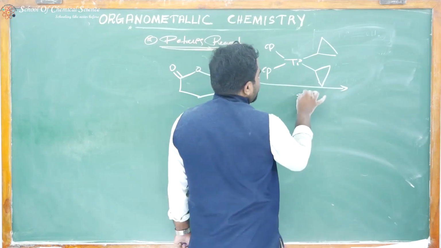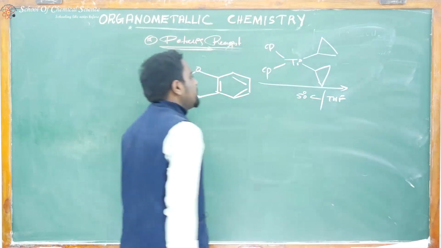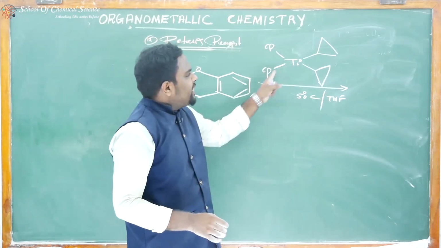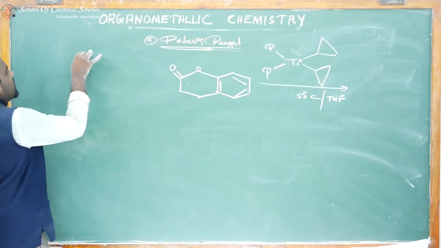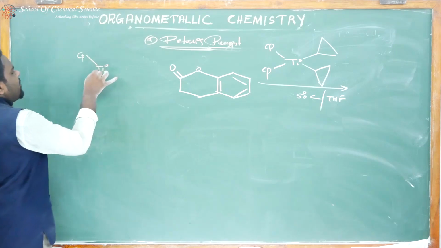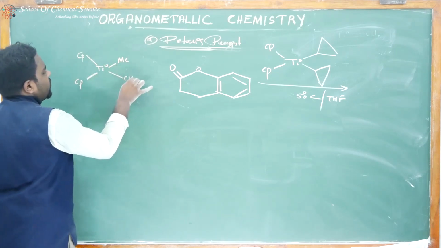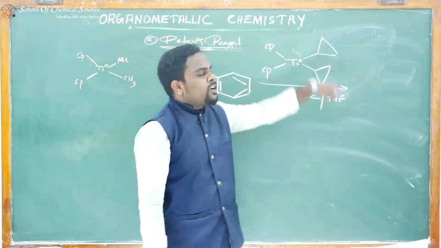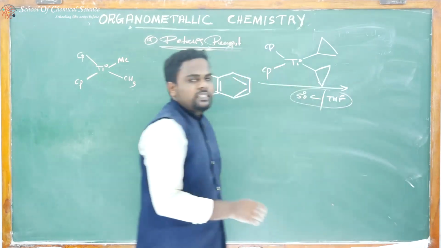Then 50 degrees Celsius with THF solvent. What will be the reaction? See, instead of Cp2TiMe2, the normal Petasis catalyst, with two methyl groups, here two cyclopropyl groups are given, then THF at 50 degrees Celsius.